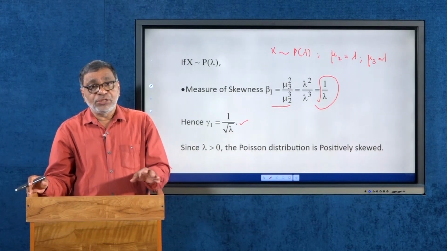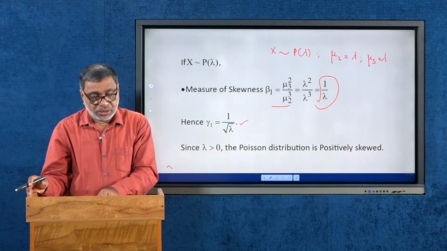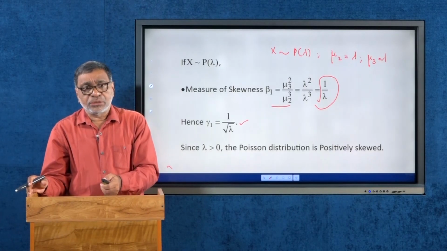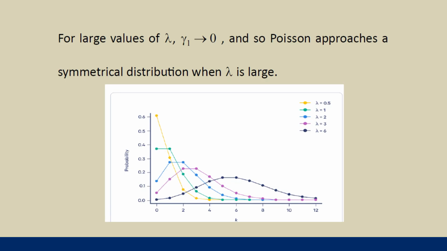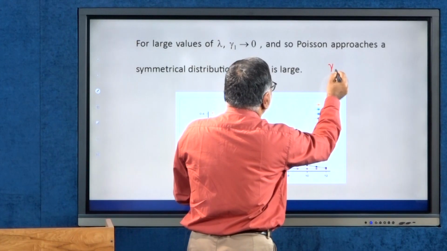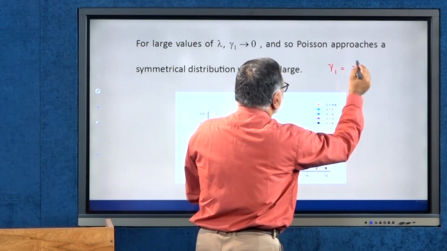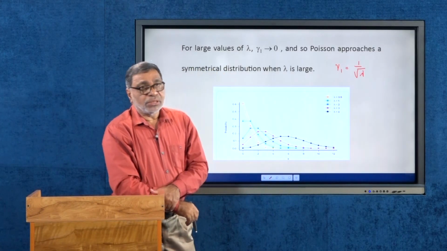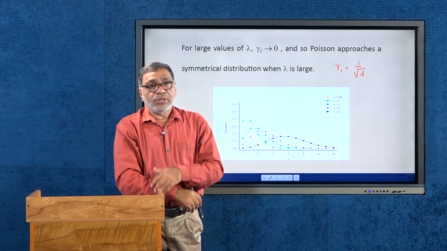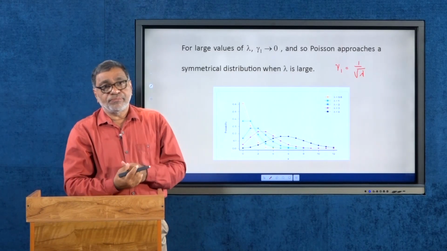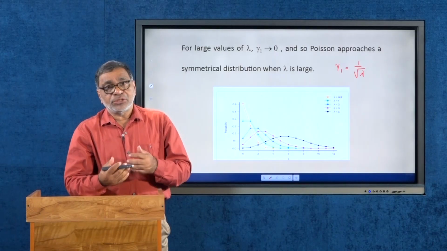it is positively skewed. And again one more thing you can note here, for large values of lambda, gamma 1 we have already obtained as 1 by square root of lambda. So, if lambda is very large, then gamma 1 tends to 0.